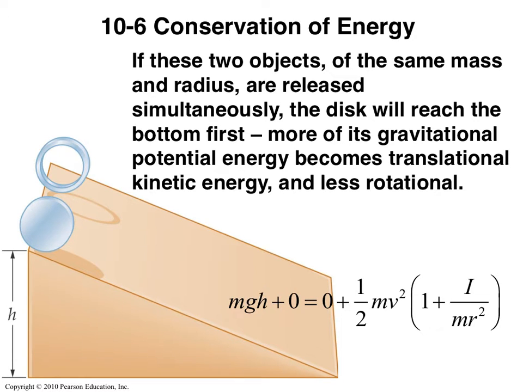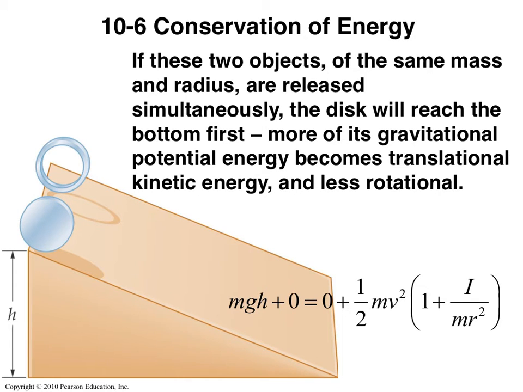So different points along the rotating object will have different tangential velocity. The tangential speed at the outer edge of the rolling object is the same as the translational speed of the rolling object. And that's what this is.